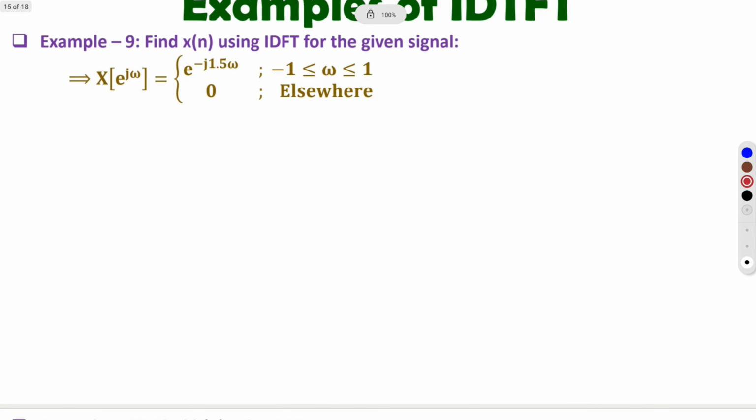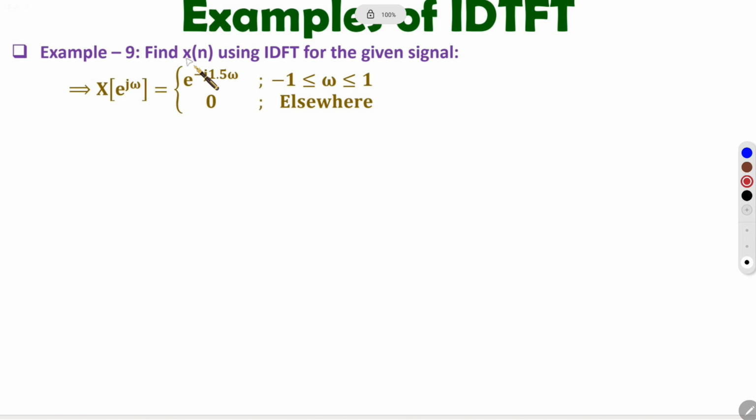See here in question 9, we need to identify x of n using inverse DTFT. Here we have X of e to the power j omega. First of all, one should know the basic equation of inverse DTFT, which we use to identify x of n from X of e to the power j omega.